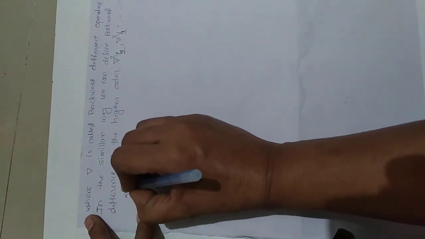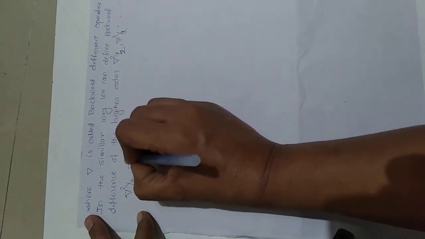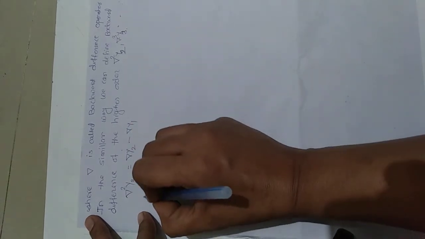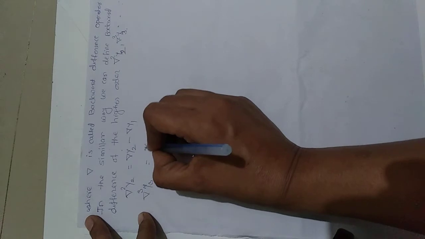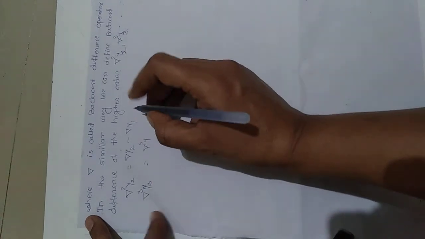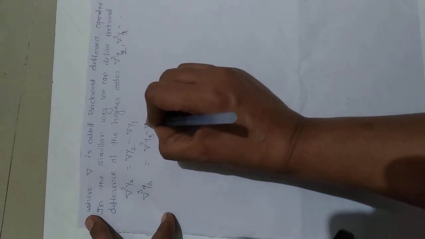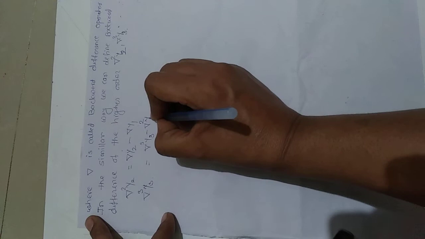Del square y2 is equal to del y2 minus del y1, and del cube y3 is equal to del square y3 minus del square y2.